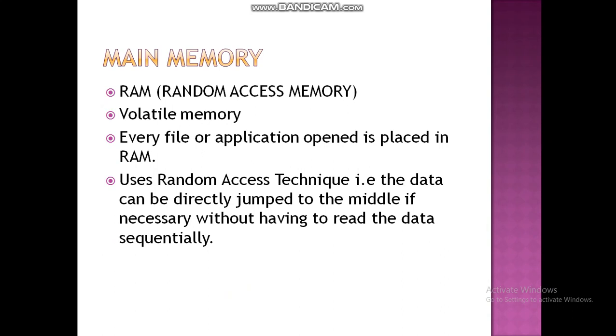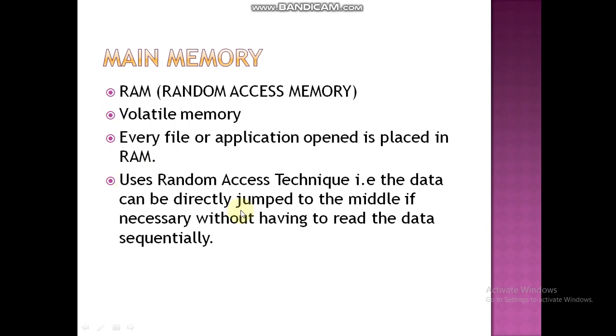Main memory. We have read main memory, that is RAM, random access memory. It's volatile memory. That means whatever you save there is lost when the power supply is switched off. Every file or application opened is placed in RAM. So whatever processes we are doing need some memory place and that memory place is RAM.